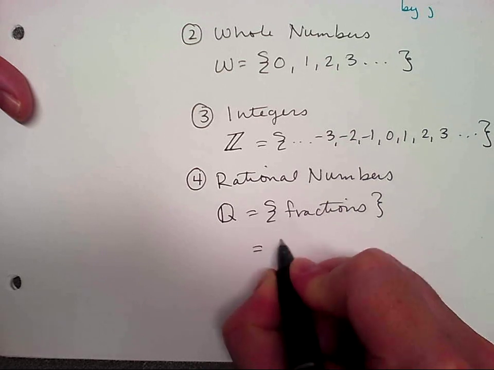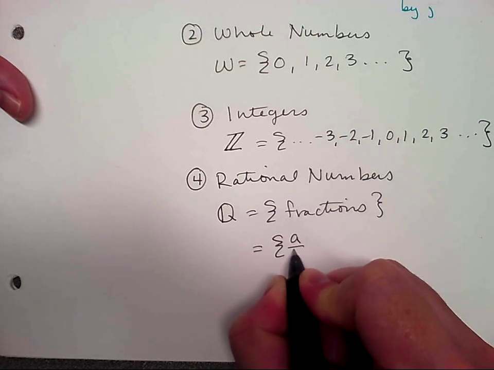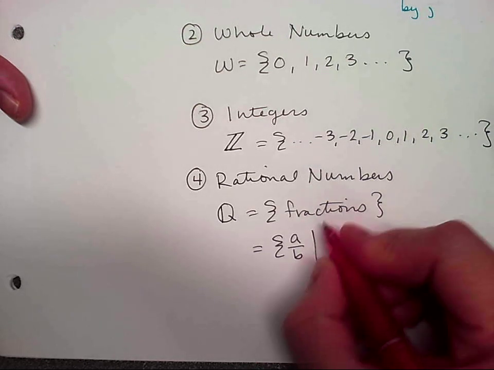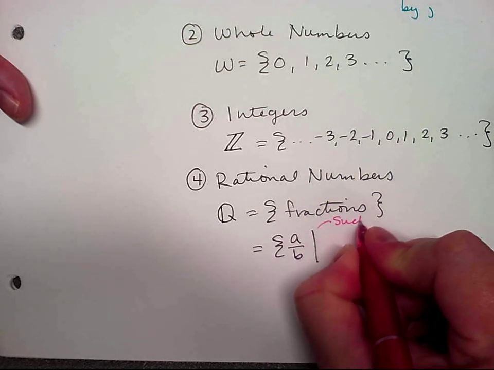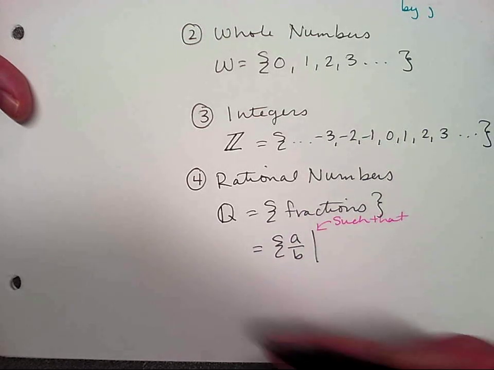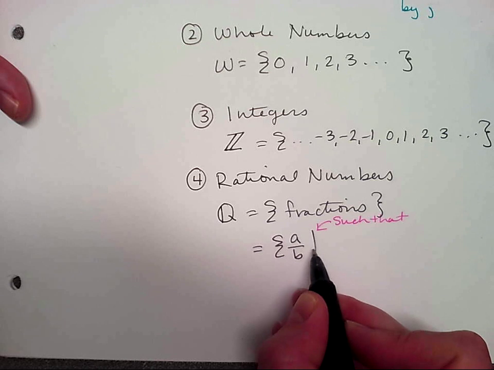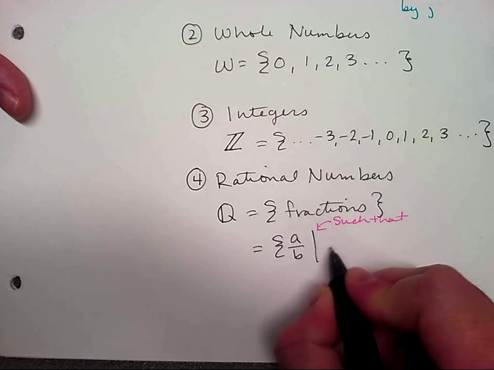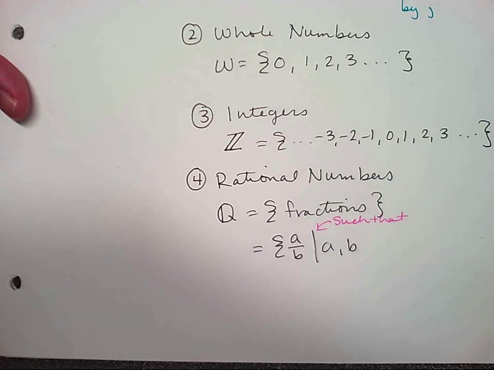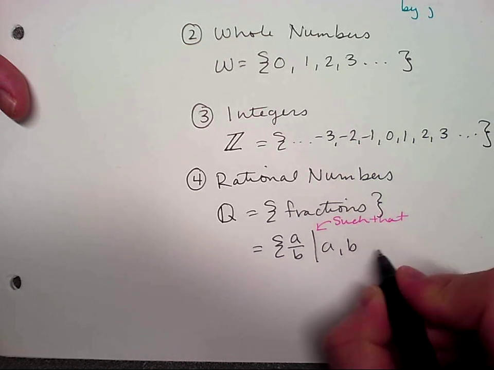I think we wrote it like this before. We said it was the set of a over b, and then we did a big line that means such that. The set of a over b such that a and b, are a and b any kind of number, or are they a specific kind of number? a and b are integers, okay?